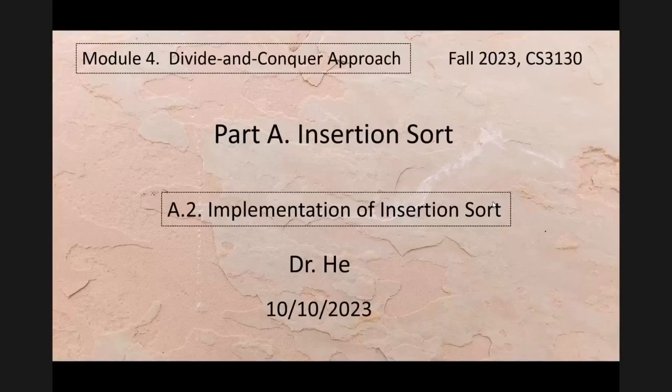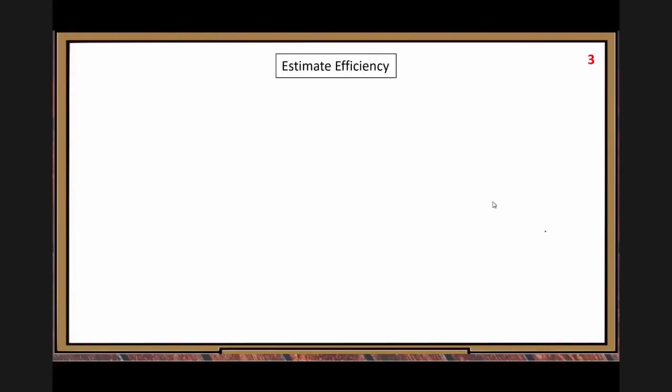Next, 8.2, implementation of insertion sort. For the implementation, pretty straightforward. We just run a for loop, and in each iteration we do one insertion operation.